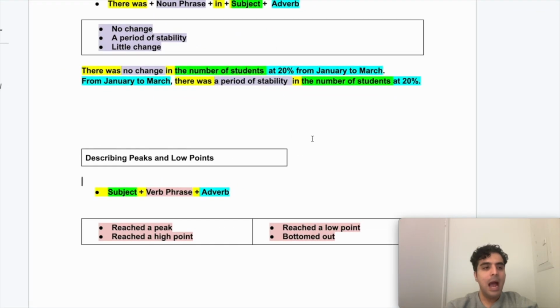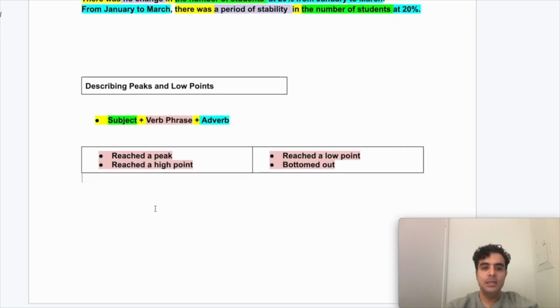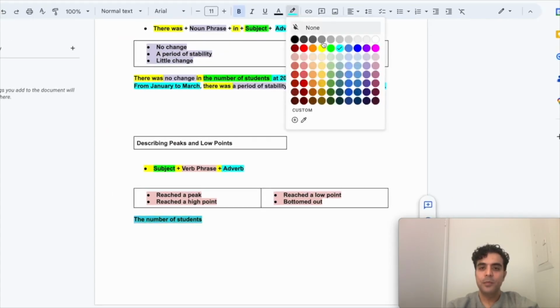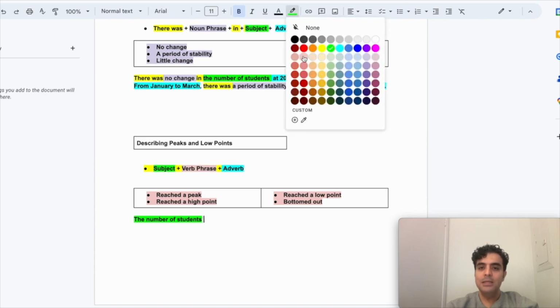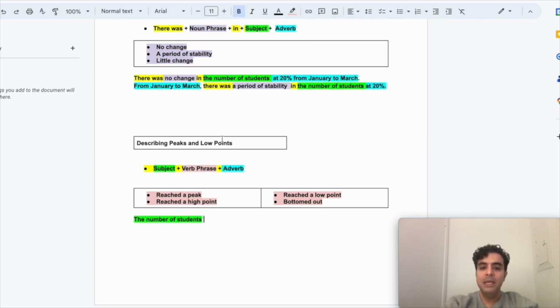So let's see how we can put these sentences into action. So I'll start with my subject, the number of students. That is going to be green, corresponding to this part of the structure. And then I need my verb phrase. So the number of students, and I want to talk about a peak.